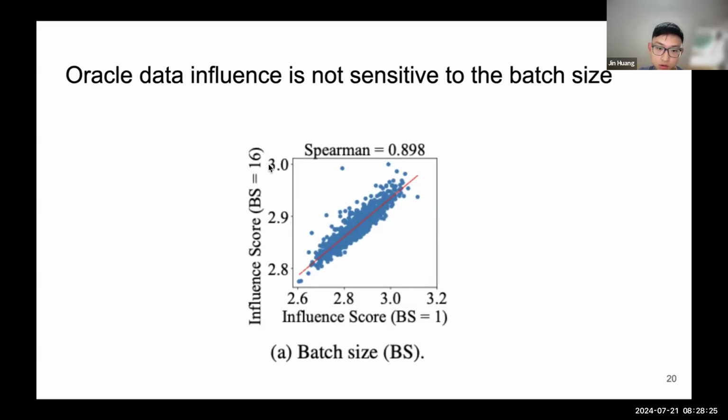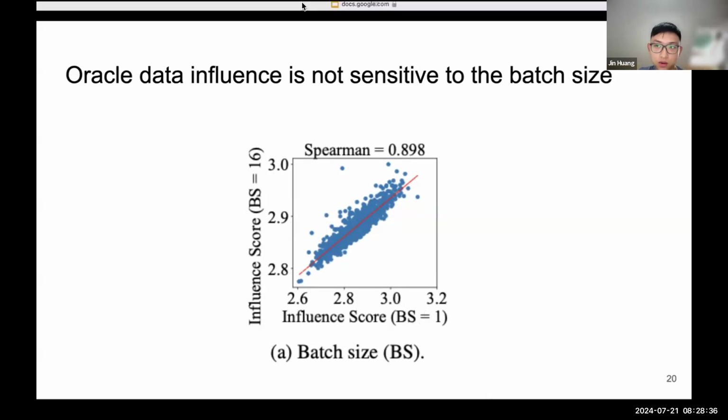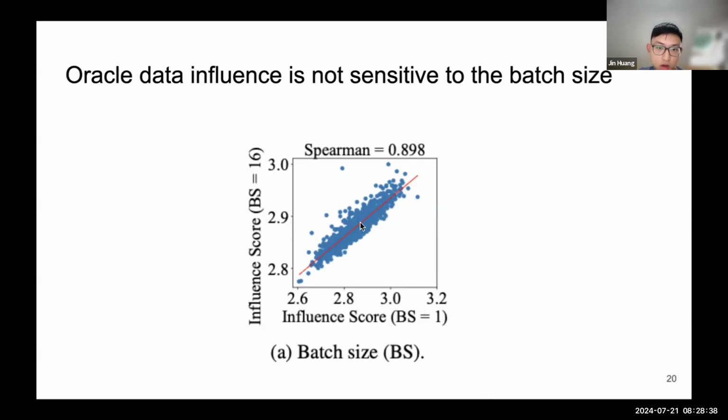So in this figure, we do a correlation study of the influence scores for different batch sizes. Batch size equals 1 is the x-axis, and batch size equals 16 is the y-axis. We calculate the correlation and report the experiment here. As you can see, these are actually super correlated.